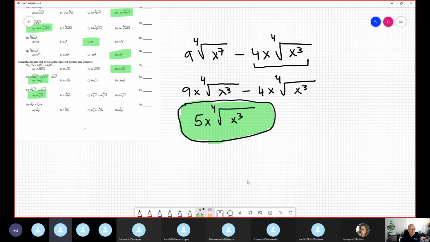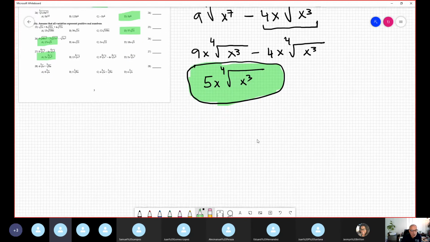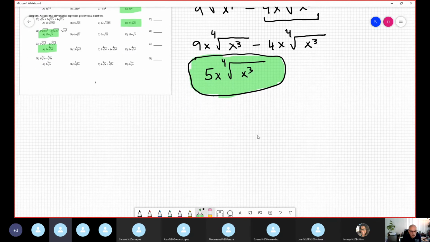Okay, let's do one more. In that page, case 28, case 4, cubic root of A plus cubic root of A. Simplify that. In this case, we cannot do anything.